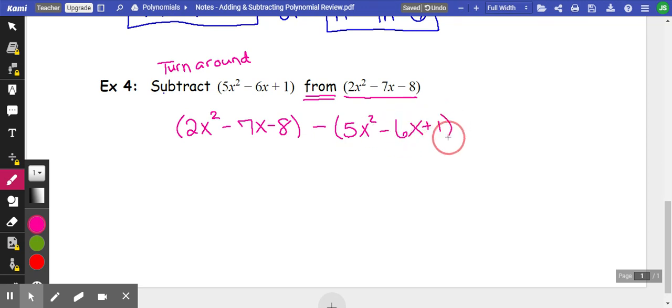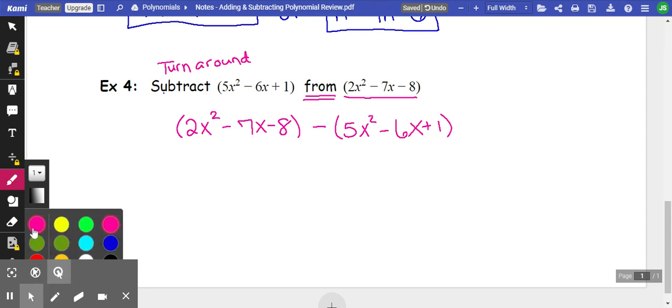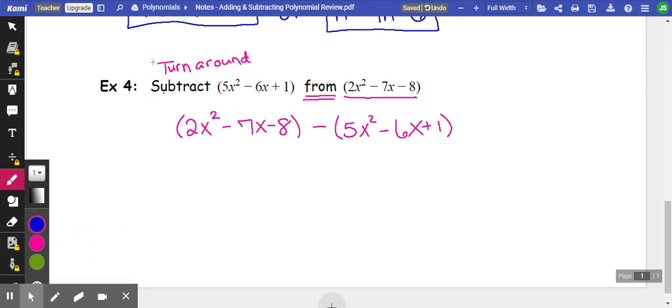Okay, so all I'm doing before I start actually subtracting is writing out my problem, so it's all set up for me. Now it looks just like the one we did up above. I'm just going to switch colors here. My first polynomial doesn't change at all because I would be distributing a positive 1, so that's not going to change any of these values.